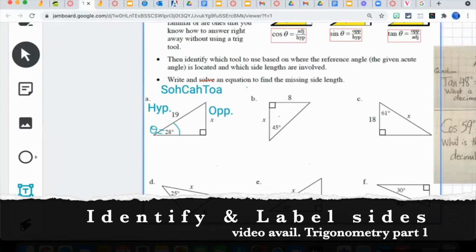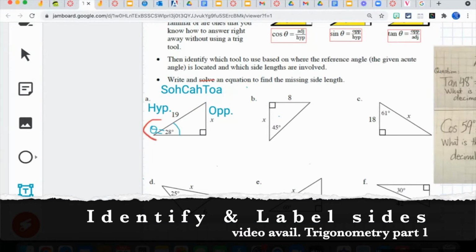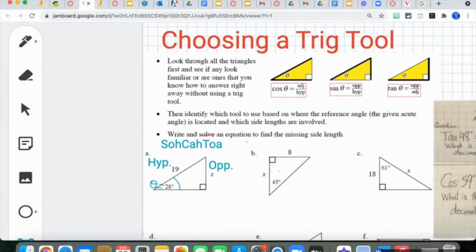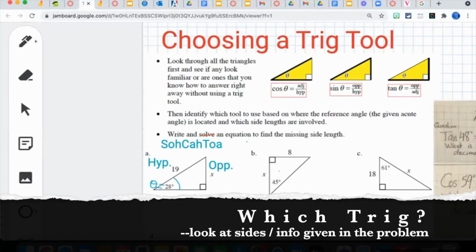We're given three pieces of information: first of all, the angle itself, the hypotenuse, and then the opposite side. And we're looking at the formula SOHCAHTOA to see which trig tool we need to use. We have the angle and we have the side. What side are we given?